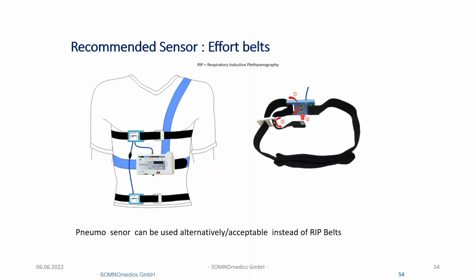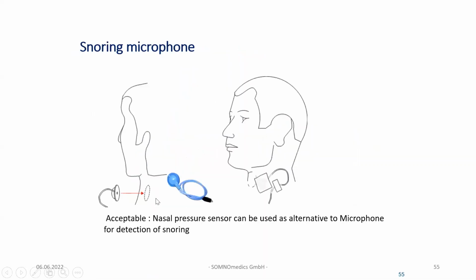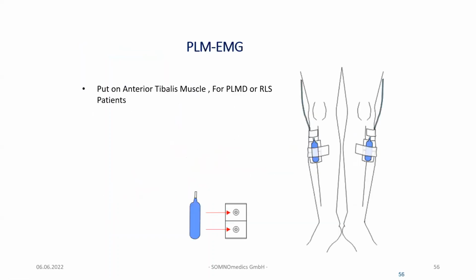Then you have to have both effort sensors, thoracic as well as abdominal, to pick up central apneas. The snoring microphone is to pick up the snoring sound. And then you have to have PLM EMG.